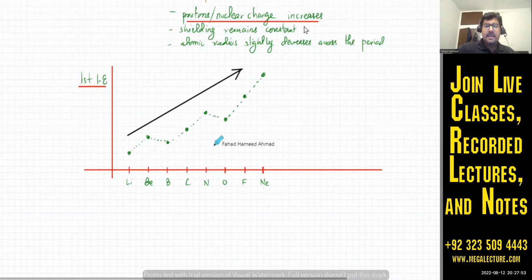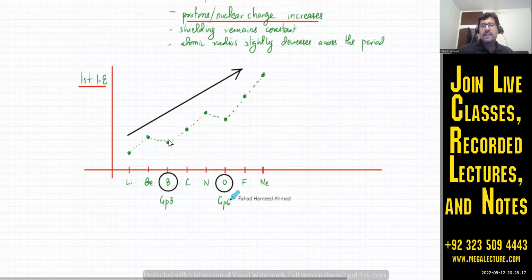And the graph will be exactly the same for all periods. When you move across the period, you've got more protons, right? But there's going to be a dip at boron and a dip at oxygen. Basically, the dip is at group 3, and you get one dip at group 6. Something happens at group 3, which is why the ionization energy, instead of going up, actually decreases.